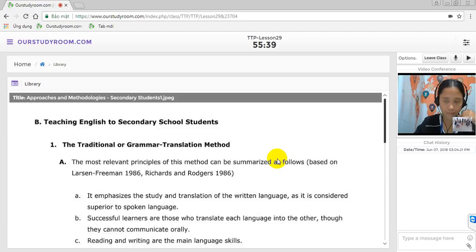Successful learners are those who can translate language, though they cannot communicate orally. Okay. Continue.